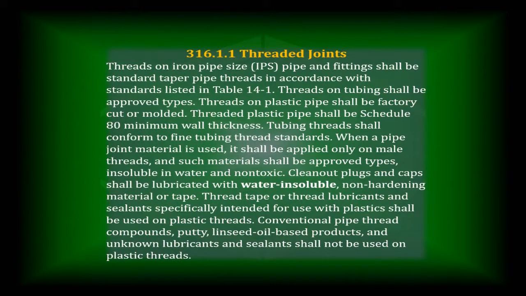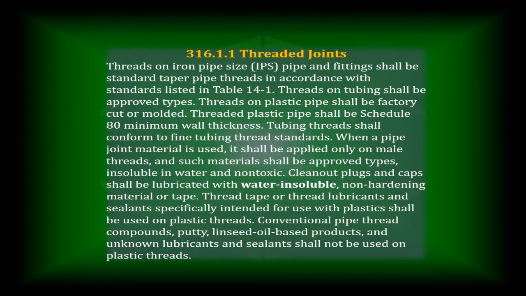Threads on iron pipe. Now, we're not going to read through this whole big section on threads on the iron pipe. There's a whole lot going on. It's 316.1.1, dealing with threaded joints. And it boils down to the 3 main sections I've got highlighted in yellow. Threaded plastic pipe shall be Schedule 80 minimum wall thickness.